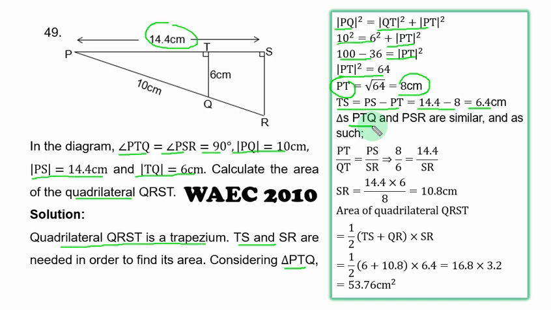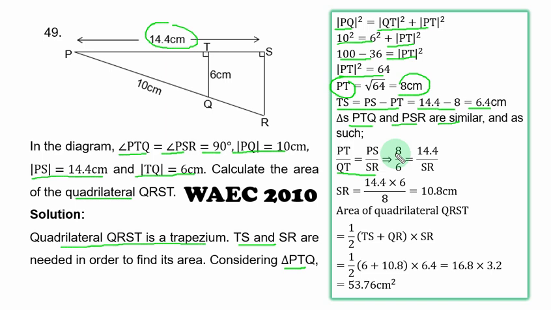Triangles PTQ and PSR are similar, and as such, here we have two triangles, PTQ and PSR. Both are similar. Therefore, the ratio of PT to QT is equal to the ratio of PS to SR. You have it in this form.